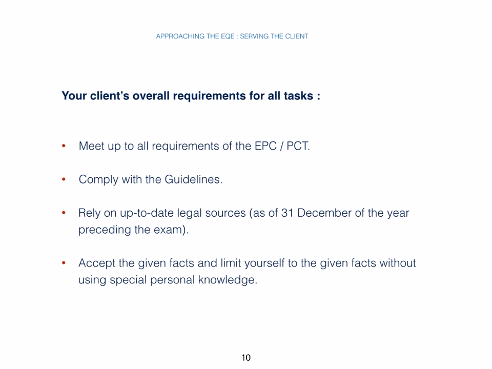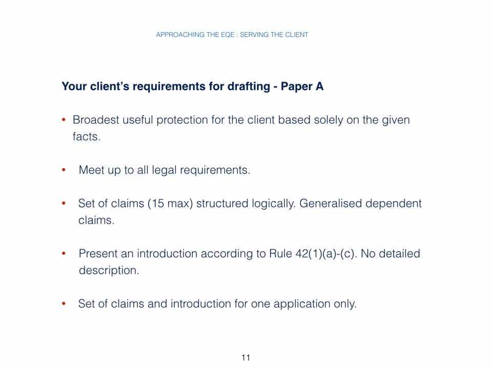Now let's turn to the requirements for paper A. For paper A, which is drafting, the client expects you to produce in your main claim or your main claims the broadest useful protection for the client based solely on the given facts.